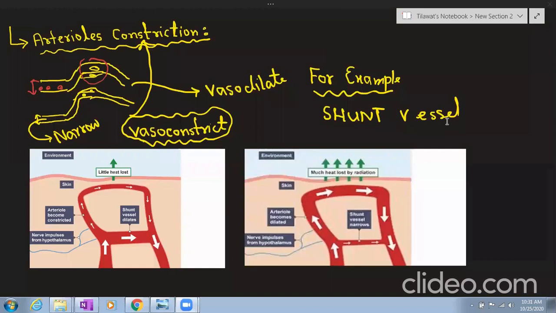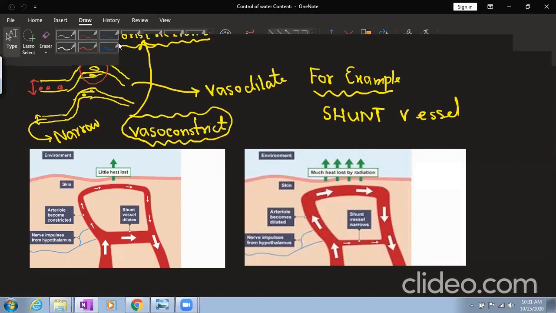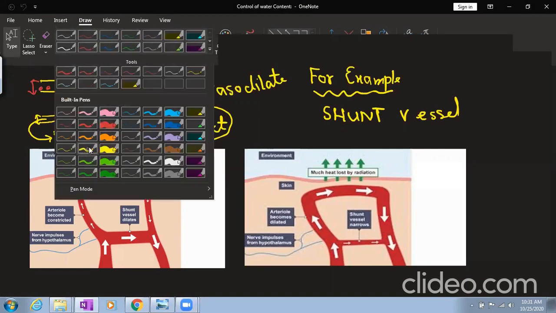It is a small blood vessel. And what is the function of that? It regulates the blood flow to your skin. And how does it regulate blood flow to your skin? Let me discuss.